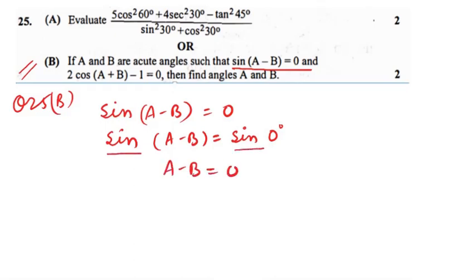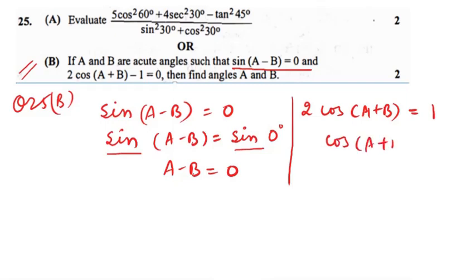A minus B is 0. This is the first equation. Similarly, here we have 2 cos A plus B minus 1 is equal to 0. So I am shifting minus 1 to the right hand side. It will be 2 cos A plus B is equal to 1, and this 2, which is in multiplication with cos A plus B, will go in the denominator.